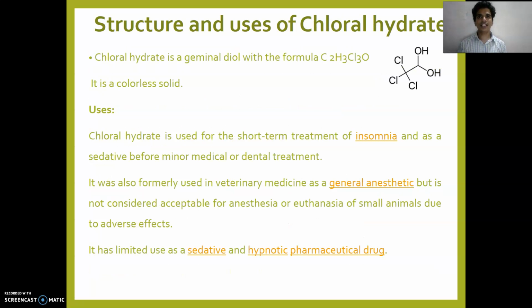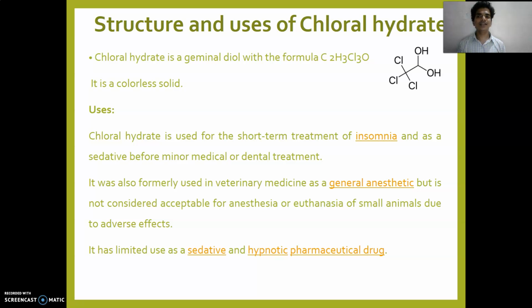Then the structure and uses of chloral hydrate. Chloral hydrate is a geminal diol, that is, two OH groups on the same carbon, with the formula C2H3Cl3O, and it is a colorless solid. It is used for the short-term treatment of insomnia and as a sedative before minor medical or dental treatment.